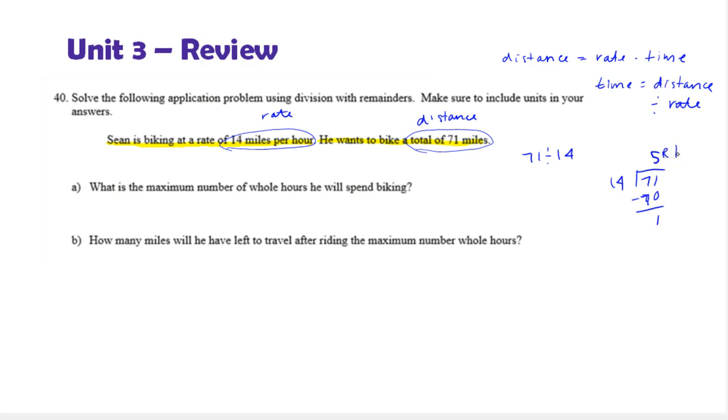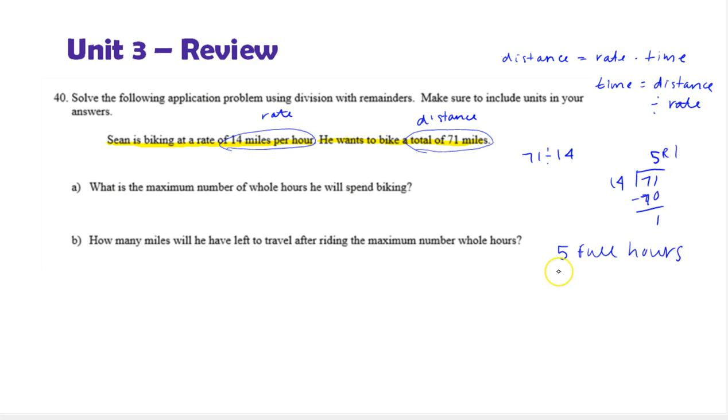Okay. So what does this mean in the context of the problem? Well, that means that when we divide 71 by 14, we have 5 full hours, and this 1, what is this 1 representing?